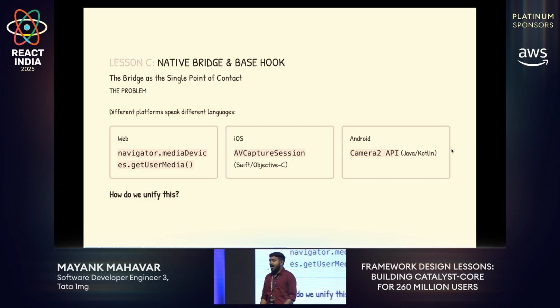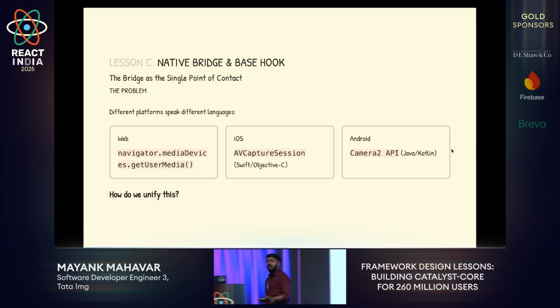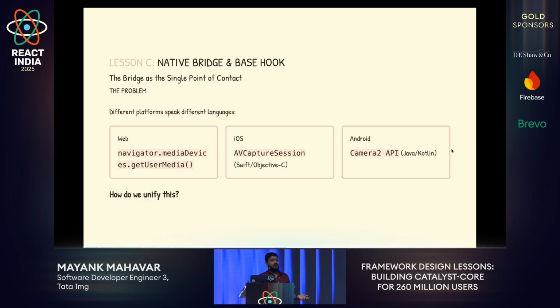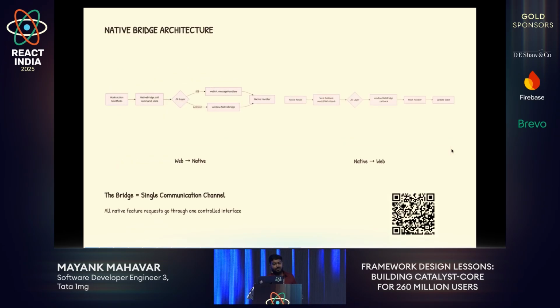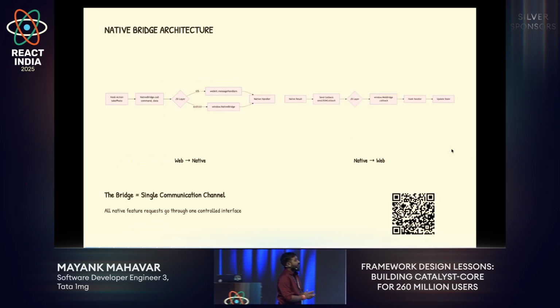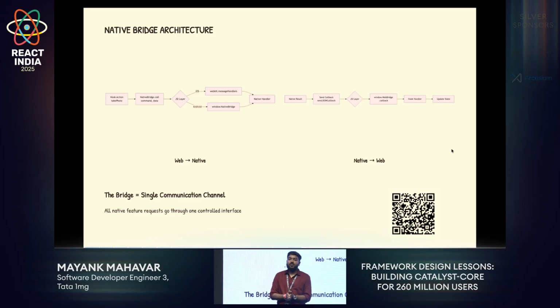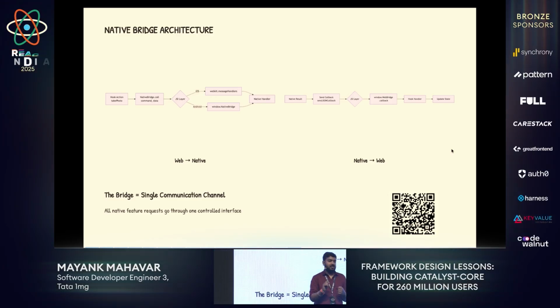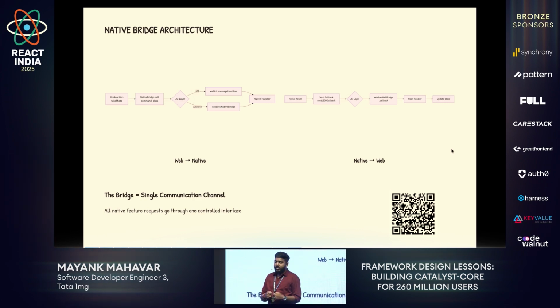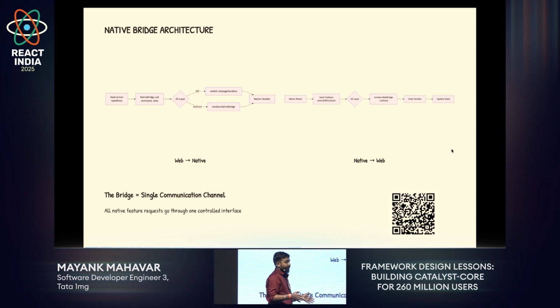Second part is, I don't want to write different code just to do the same part of it, right? How did we do it? We use custom hooks as well as the JSI layer. What is the JSI layer? It's a bridge which lets you communicate between native and web, right?